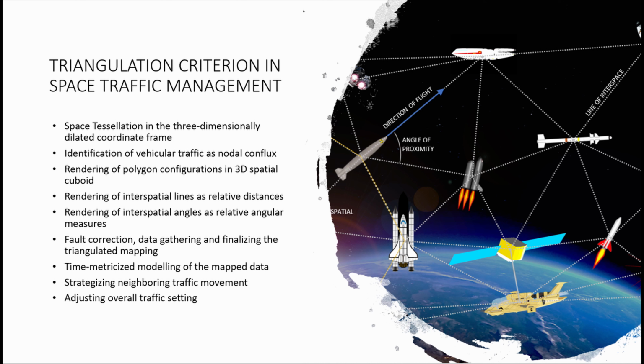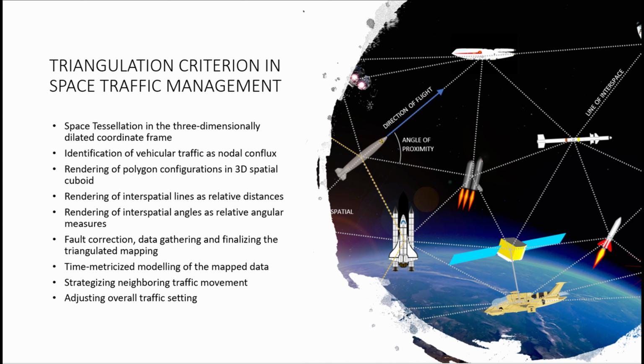Now these interspatial lines are again the distances as relative distances, rendering of interspatial angles as relative angular measures. Now after all this, obviously there is privilege for fault correction, data gathering, and finalizing the triangulated mapping.